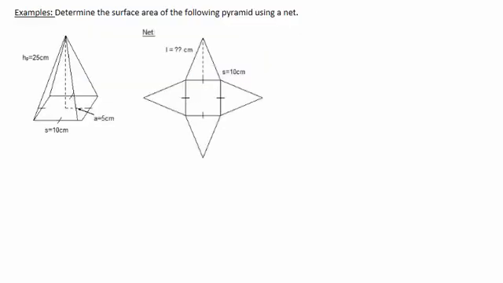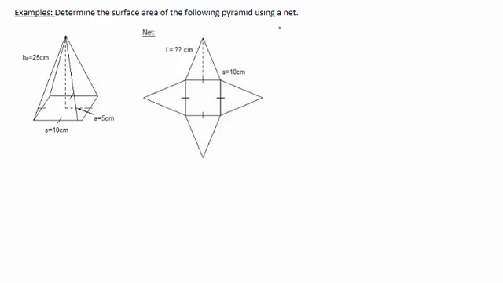So example 1, determine the surface area of the following pyramid using a net. We have a square base pyramid, and here's what its net would look like, the 2D unfolded version of this 3D version. So now it's easier to calculate the surface area.